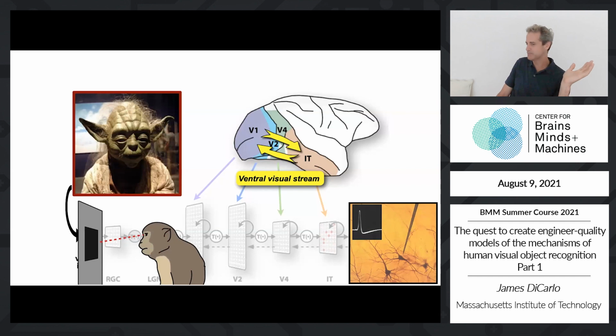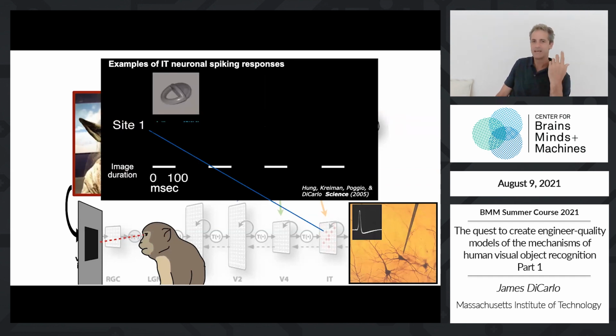Okay, so you go and measure the spikes with electrodes that we discussed, and we discussed why that's important. Here's an example recording in IT cortex, recording from one neuron. Each dot is a spike in response to this particular image. If you repeat this image over and over, you get essentially the same spike rate. This is just one element of that representation, one neural site. Now, notice I say essentially, it's not identical.